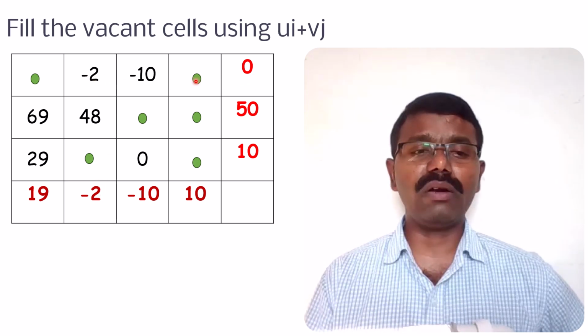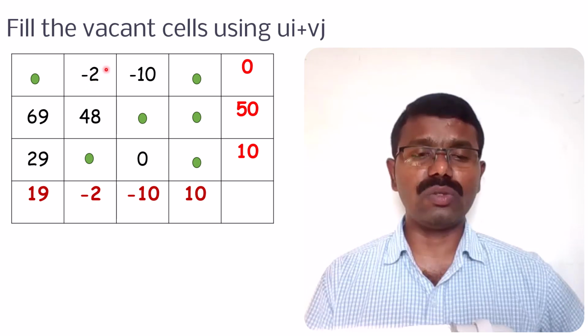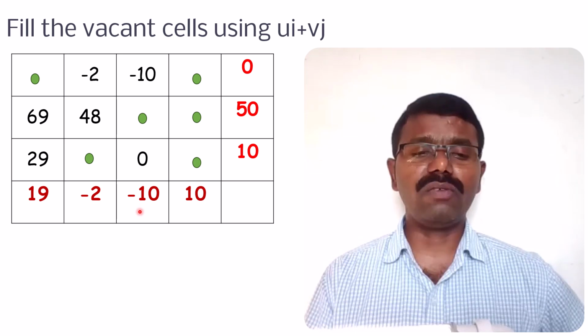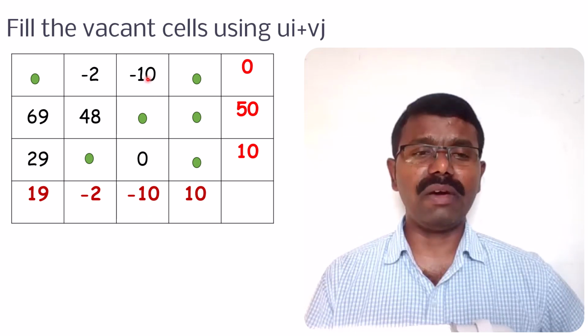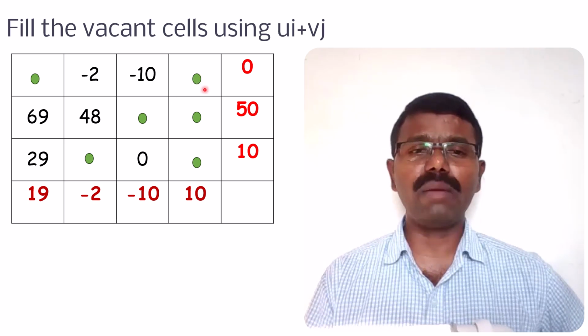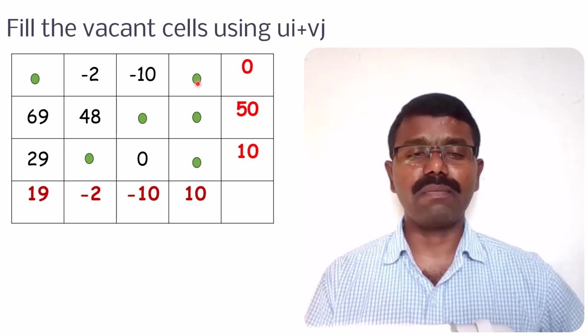If you add these two, 0 plus minus 2, this becomes minus 2. This cell value will become 0 plus minus 10, so it becomes minus 10. And this we are not allocating because it is already allocated, so we are not calculating the ui plus vj value here. Even these dots indicate that these are the allocated cells.